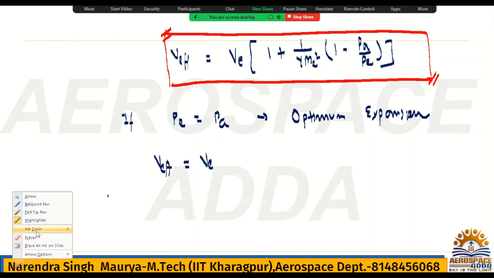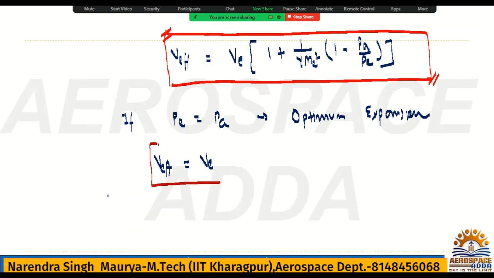Check it. These formulas need to be remembered, and practiced at least one time, because questions are asked based on them. Hope you understood.